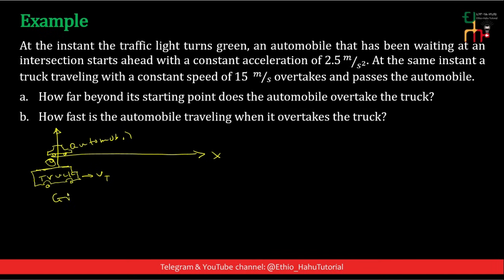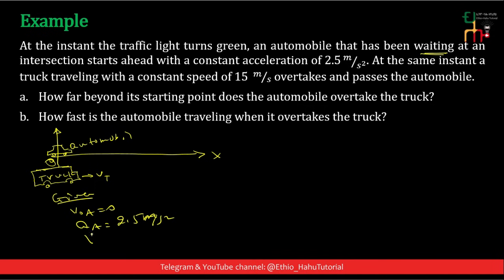Therefore, our givens for the automobile are: initial velocity of the automobile is 0, and the acceleration of the automobile is 2.5 meters per second square, because the automobile is waiting at the intersection point, so it was initially at rest.